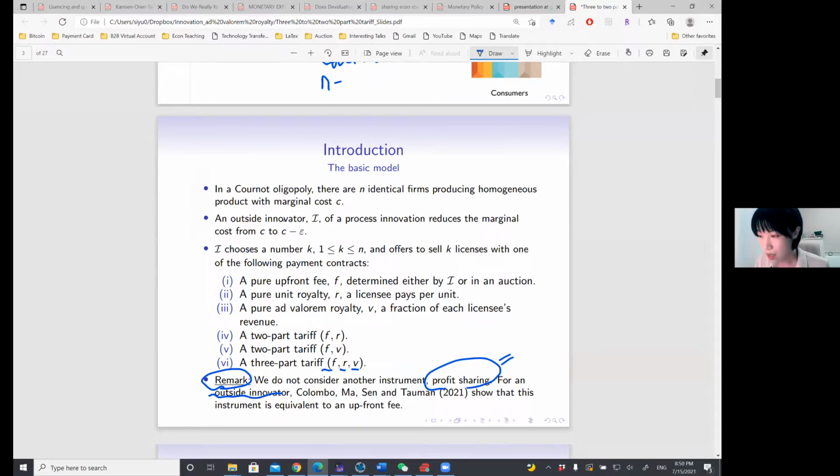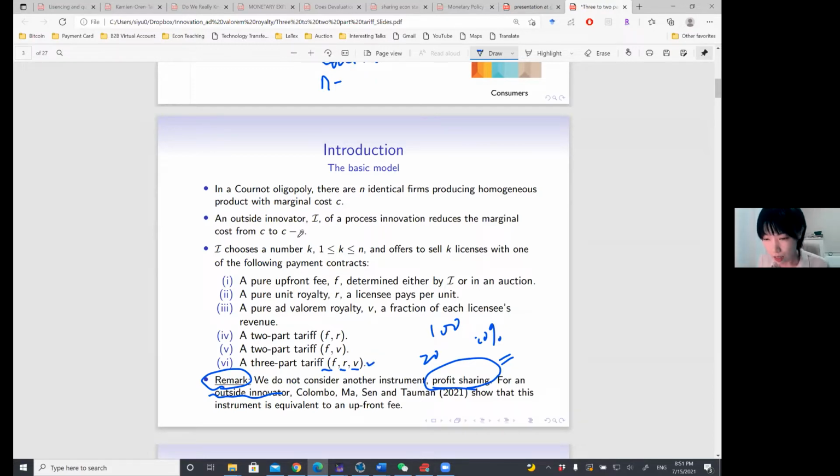If a firm makes 100 net profit and the innovator says, pay me $20, it's equivalent to saying, pay me 20%. So profit sharing for an outside innovator is equivalent to a fixed fee.